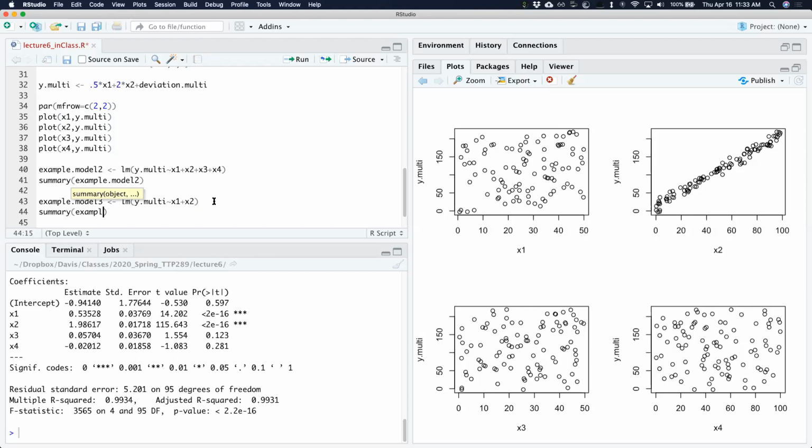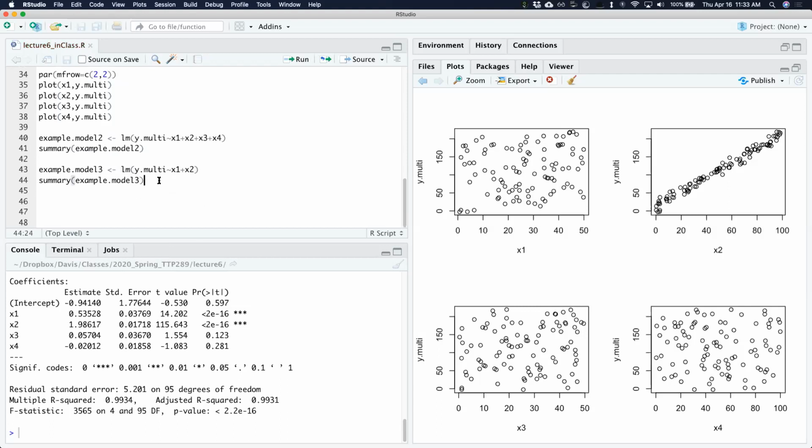Let's see. In this case, this in theory should be a better model than this one, which is including extraneous variables, which may be influencing it slightly in a worse way.